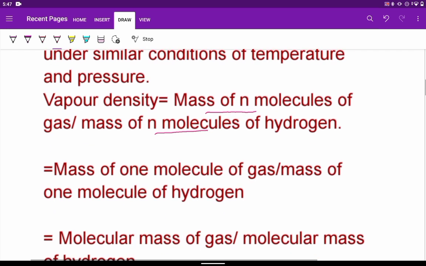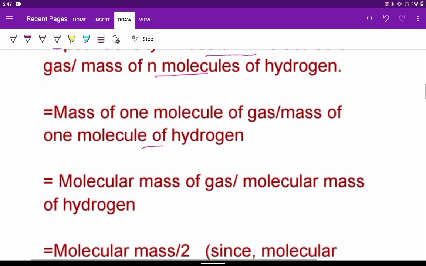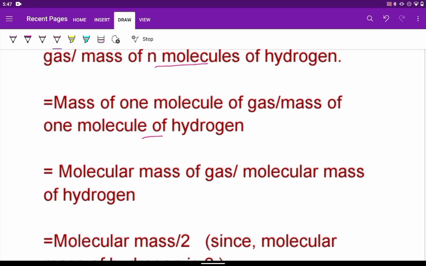So this can be equated as, because in both there are n number of molecules, so you can also say that mass of one molecule of gas divided by mass of one molecule of hydrogen. So what is mass of one molecule of gas? That is molecular mass. So we can also state this as molecular mass of gas divided by molecular mass of hydrogen.